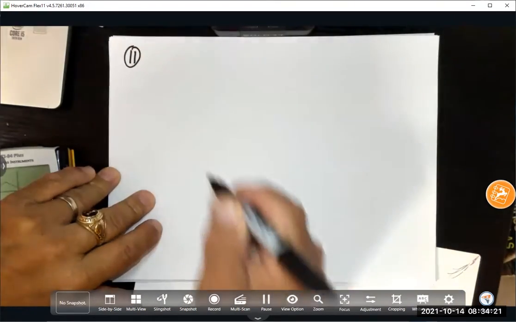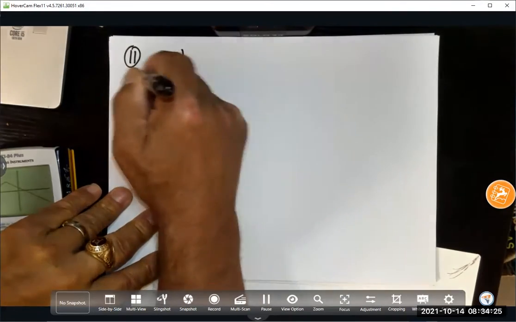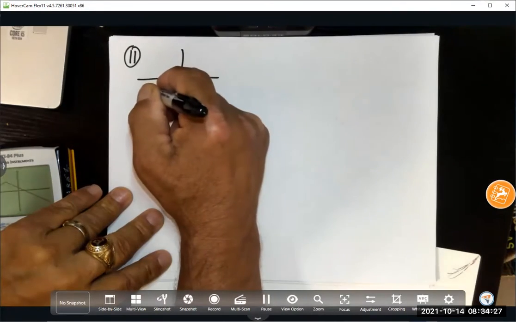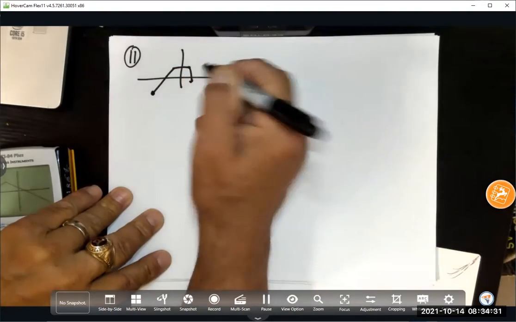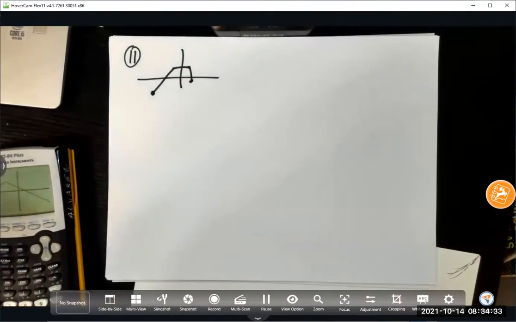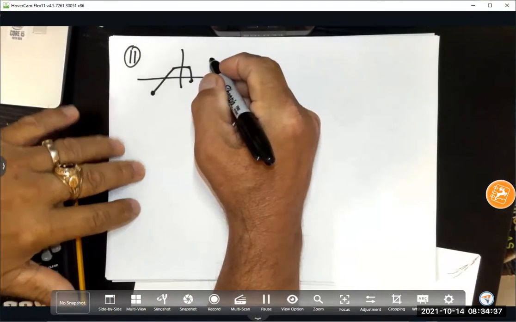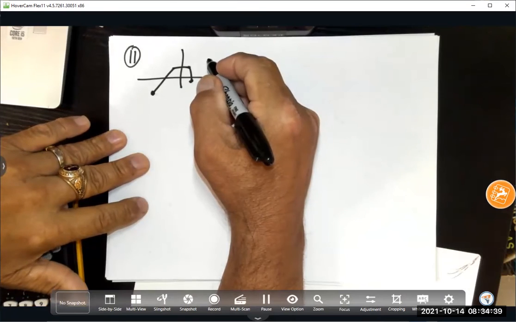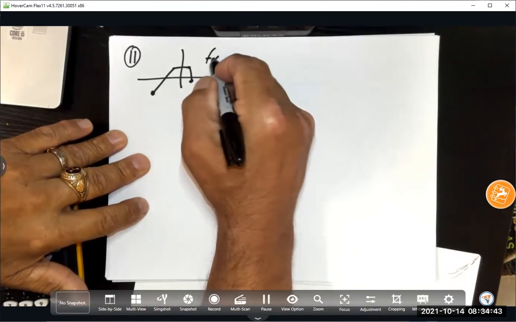Number 11. I don't know, they'll give you a graph that looks like this. That's it. It looks like that. All right, so there's a graph. And then they're gonna say this: if this is the original graph, this is f of x right here.